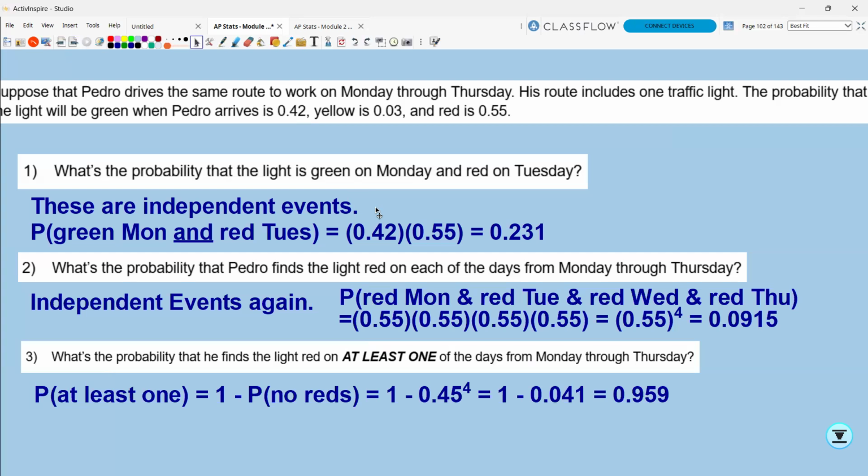So it should make sense that if I want to know the likelihood of at least one of them being red, then that's going to be everything but the probability that none of them are red. So we can subtract that 0.45 to the fourth power from 1, and you'll get 0.959. So 95.9% of the time, there's going to be at least one red.